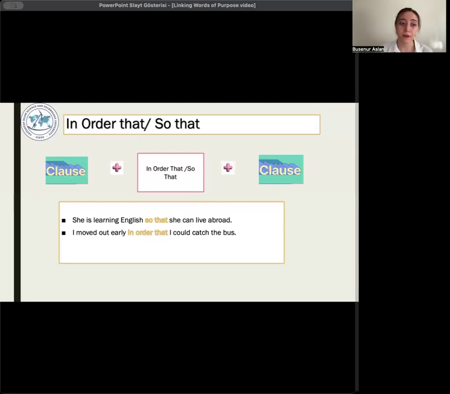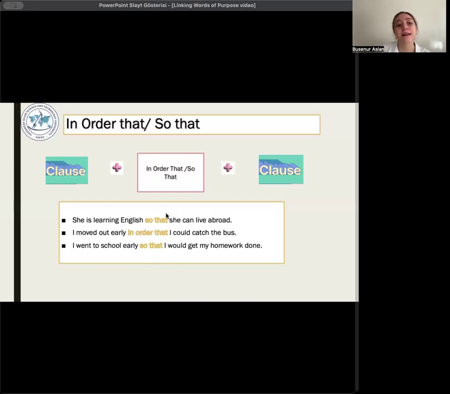The second example. I moved out early in order that I could catch the bus. I want to catch the bus, and that's why I acted. I moved out. And the last one, I went to school early so that I would get my homework done. Again, the purpose here, I want to get my homework done and I went to school early.